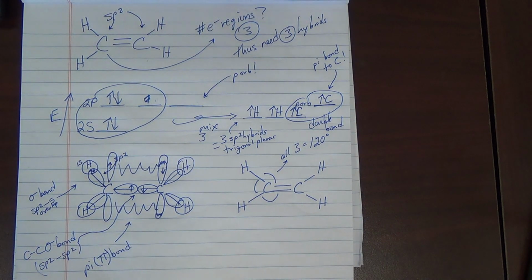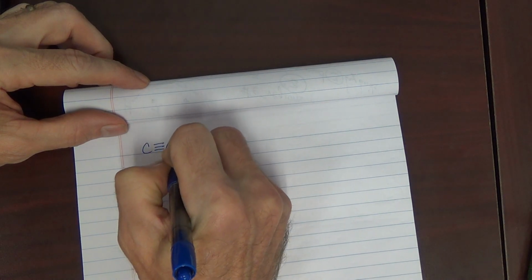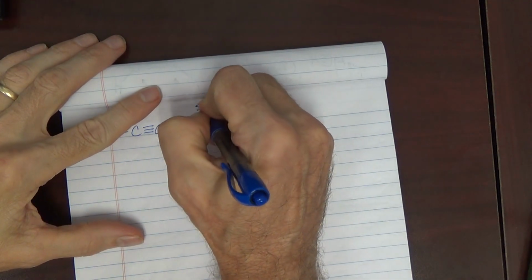Okay, let's move to ethyne. Ethyne is a 2-carbon, of course eth, but it is an ine, being the alkyne, and there carbon needs a 4th bond, and we'll have H's. And this is going to illustrate sp hybridization.